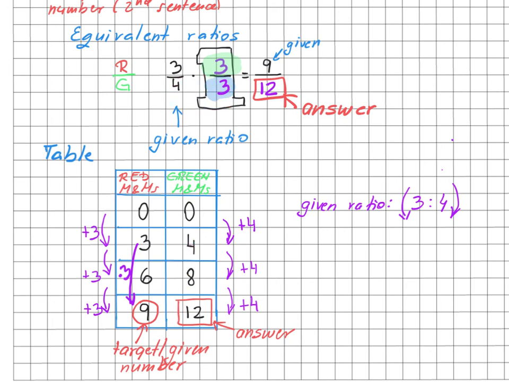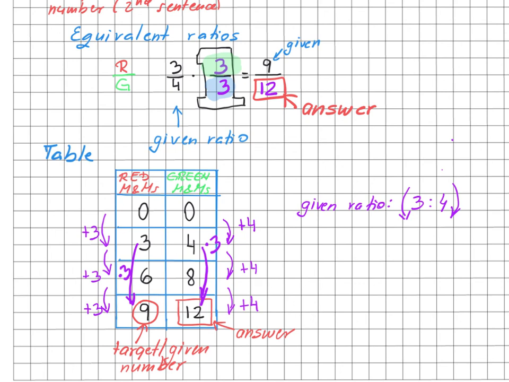So this is 4 times 3 is 12. So you can go 4 plus 4 plus 4, or 4 times 3. So repeated addition can be replaced with multiplication. And now the problem is done.